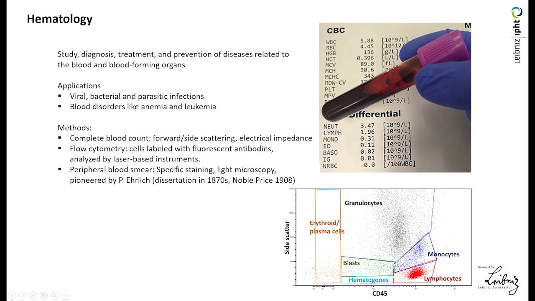However, in 10 to 25% of cases, the automated blood count by flow cytometry is not conclusive, and then the well-established staining followed by light microscopy protocol needs to be performed by manual inspection of cells.